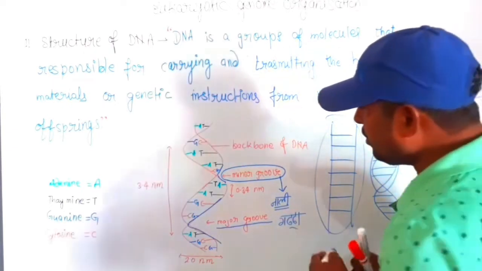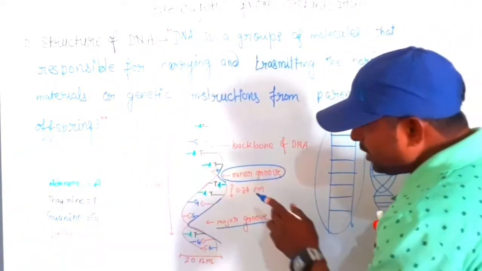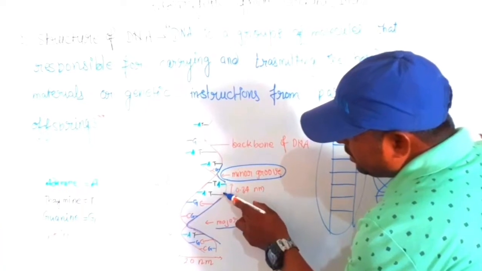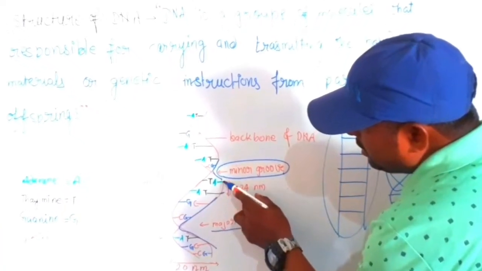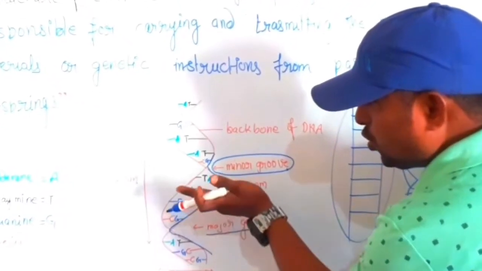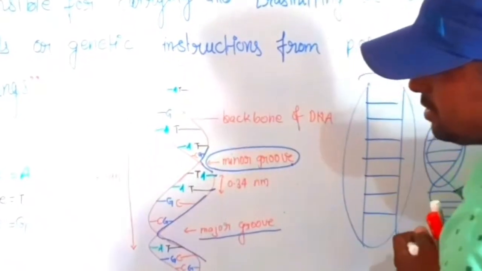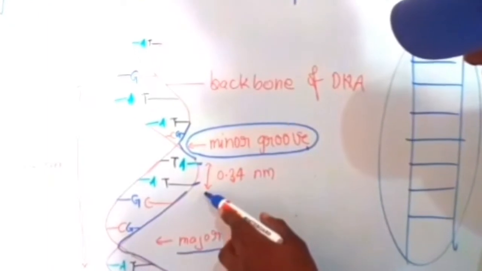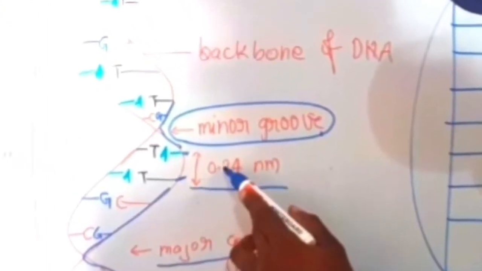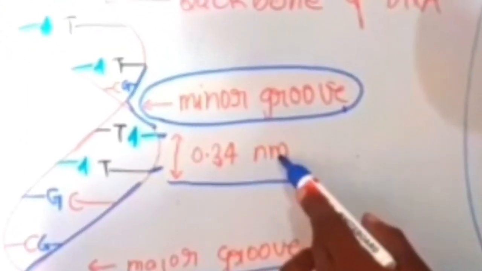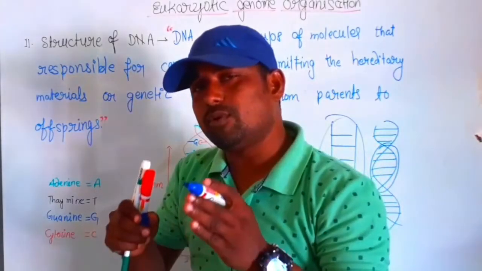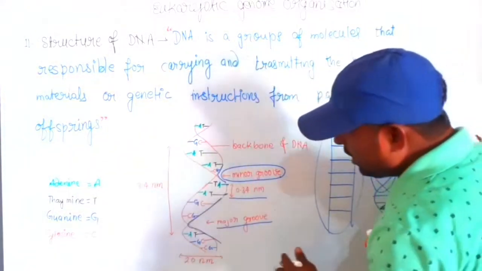As you think about it more, the distance between two base pairs along the DNA length is 0.34 nanometer.